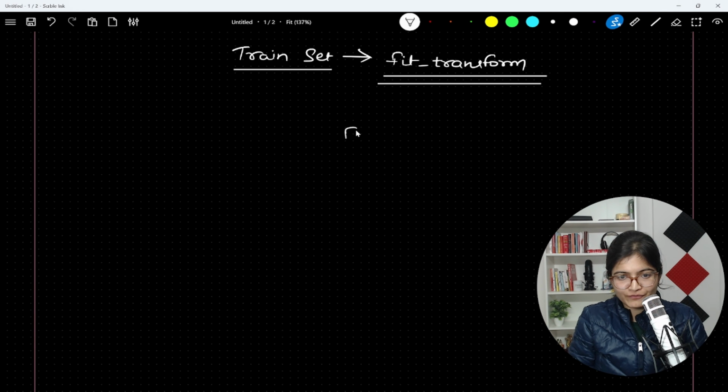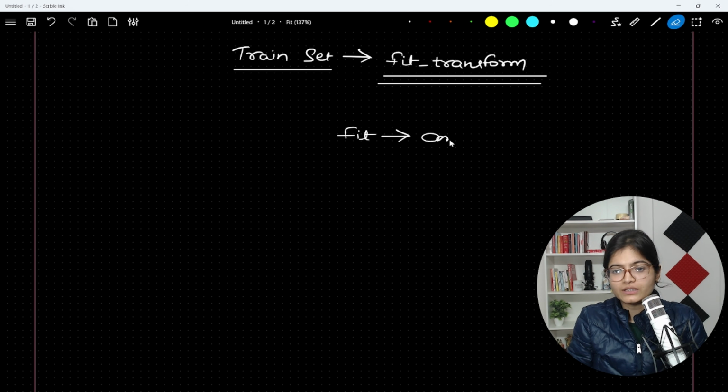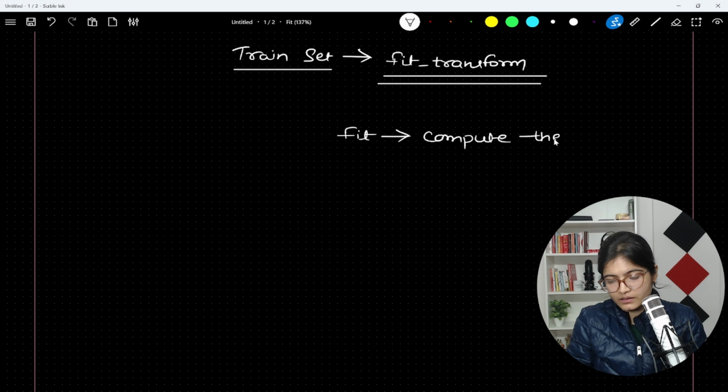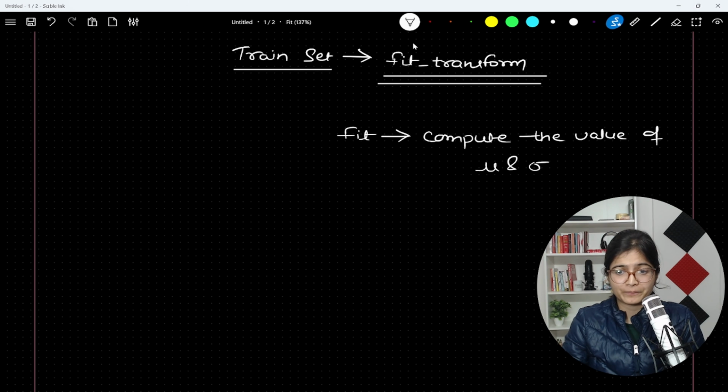When we say we are fitting our model, it means that for every feature that you have, you are trying to compute the value of mu and sigma.